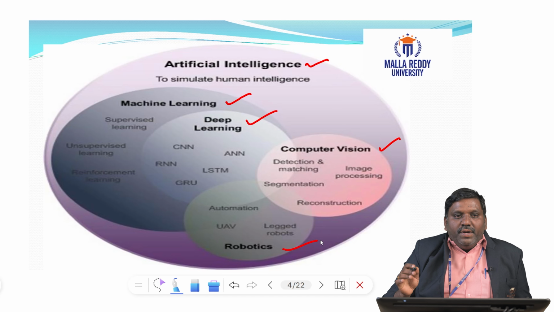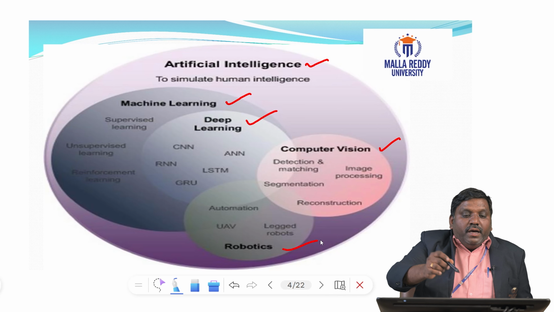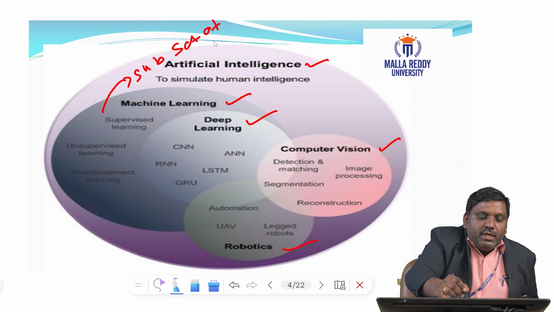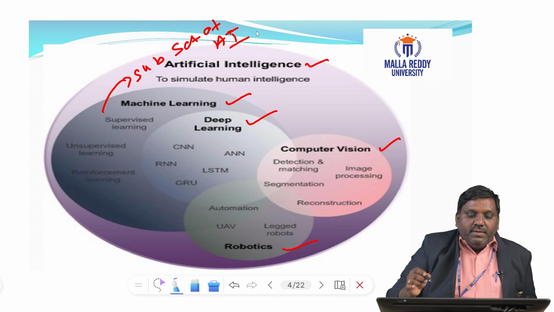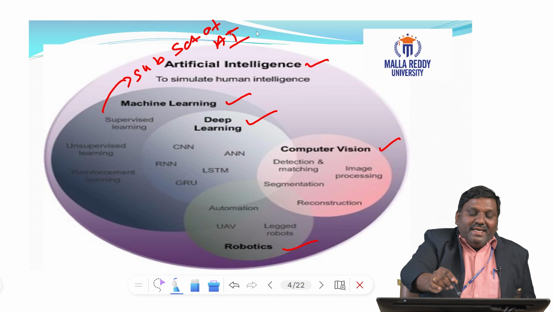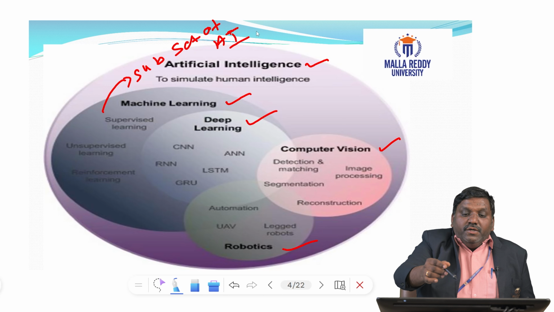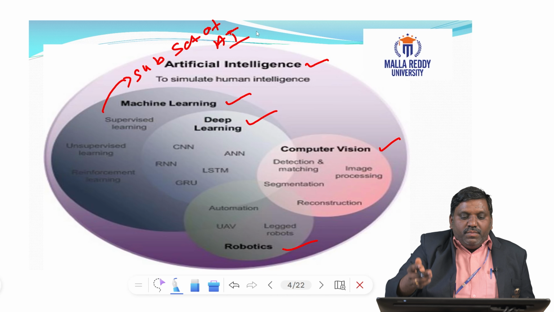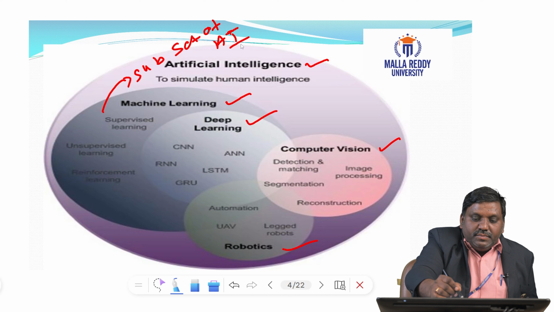Coming to machine learning, we can define machine learning as a subset of AI. Along with the subset, we are supposed to include some algorithms.